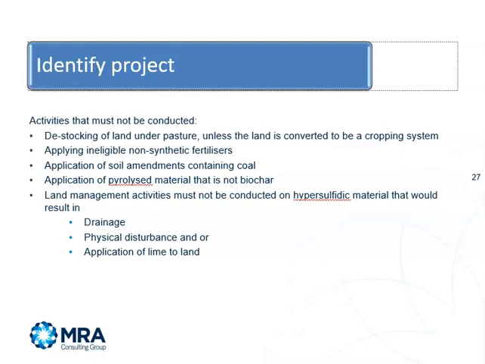Activities that must not be conducted include those listed here: de-stocking of land under pasture, unless the land is converted to be a cropping system, applying ineligible non-synthetic fertilizers, application of soil amendments containing coal, application of pyrolyzed material that is not biochar. Land management activities must not be conducted on acid sulfate soils, as these are likely to cause physical disturbance and lead to environmental risks.